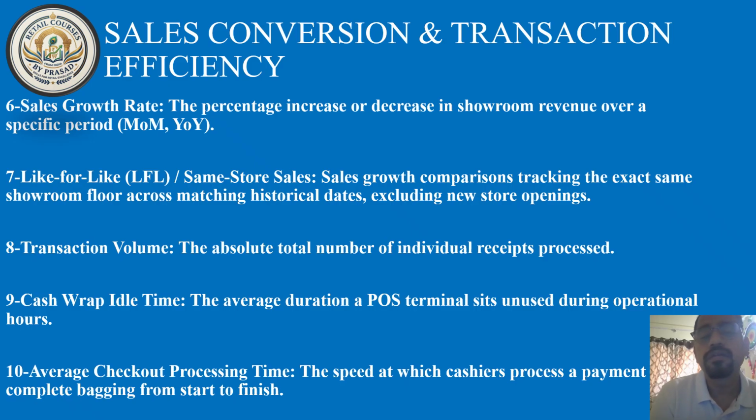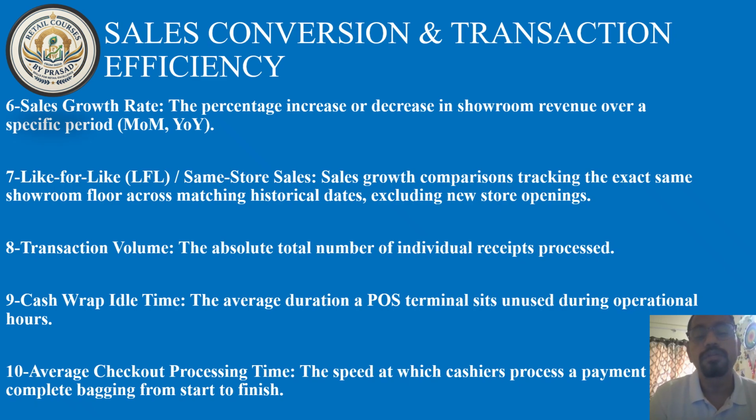Like to like sales growth is a comparison tracking the exact same showroom floor across matching historical dates, excluding new store openings. Suppose you have a mini store, 400 square feet, and another store in a different location that is also 400 square feet, with the same employee number and same stocks. So you can compare whether this store is performing or not. There are other factors also you can keep in this.